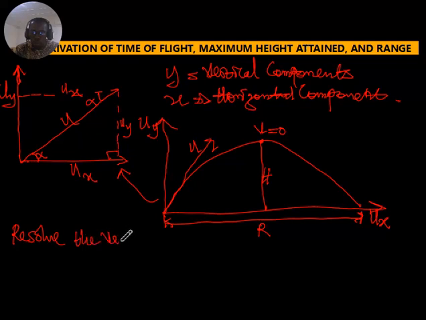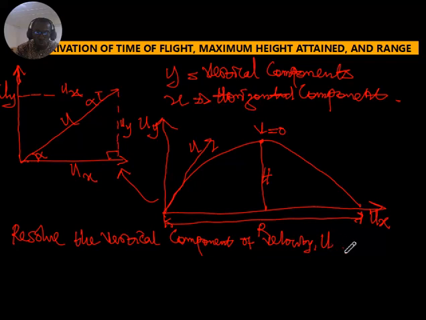So if you deal with this now, we can resolve the vertical component of velocity, which is u of y. And if you are going to do that, you follow the trigonometric identity SOHCAHTOA.